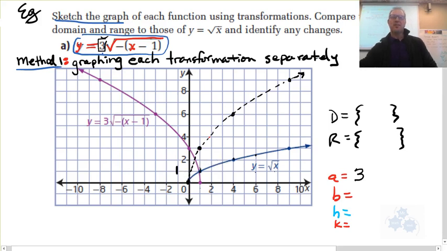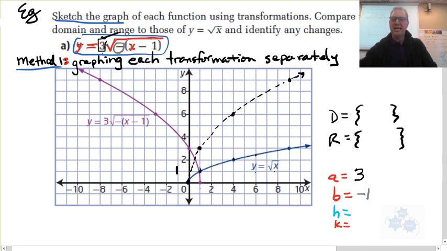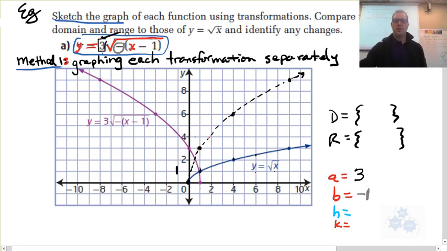All right. So that's the 3. What other transformation do we have? What else has happened here? Well, let's change the color. If we look at this negative, that's a -1 for a b value. So what does that do? That flips things horizontally. It's a reflection about the y-axis. So that means that this point right here goes over here.